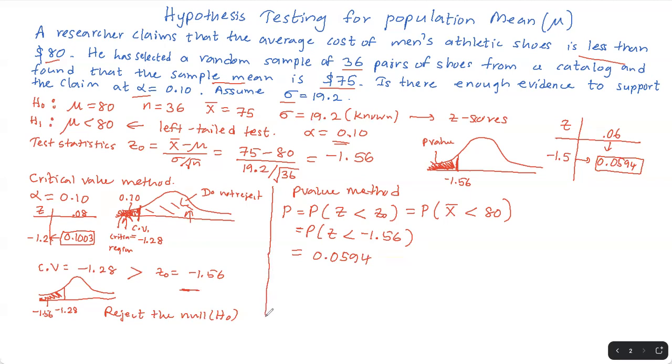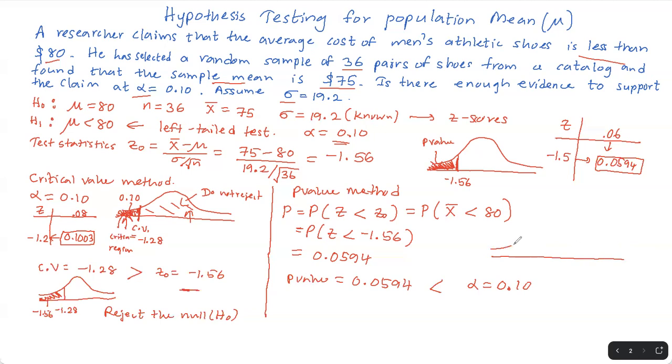And then let's look at the p-value method. The p-value we found is 0.0594, and we are going to compare this p-value with the alpha value, which is 0.10. Which number is bigger? As you can see, your p-value is less than your alpha value.